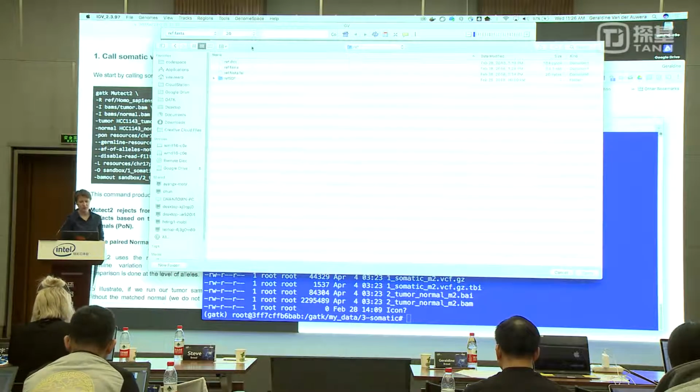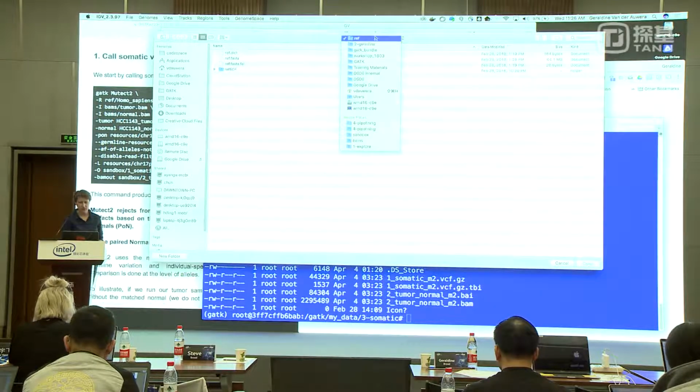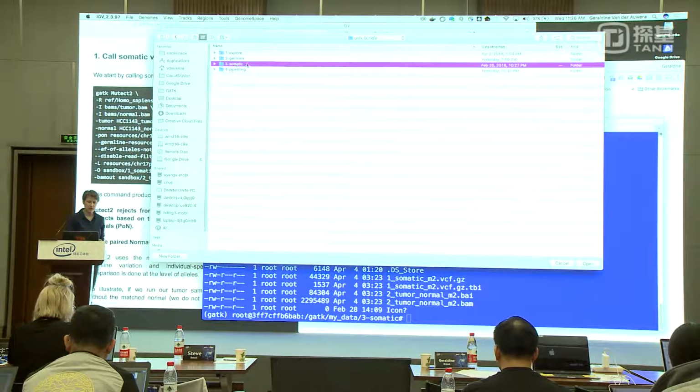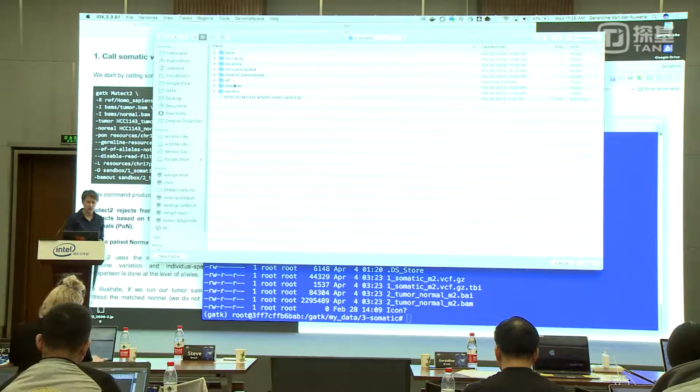So I'm going to load the genome profile, but we're going to go grab the reference genome files that are in the somatic bundle, and specifically should be in ref.